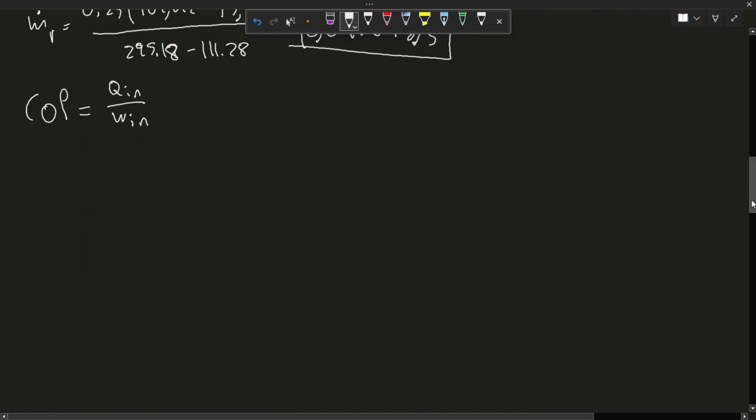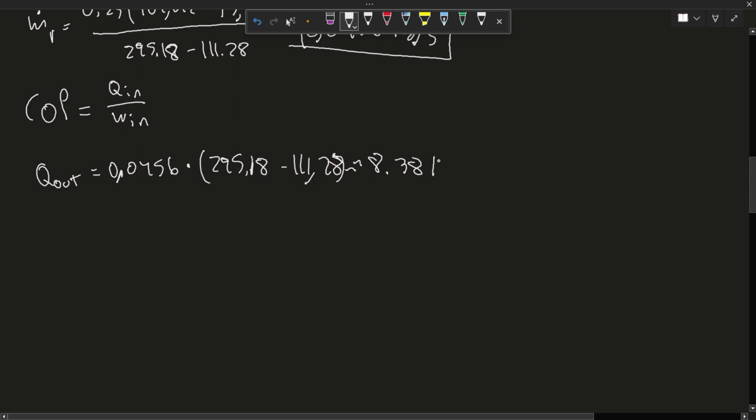So first of all, we already have our Q out, which is equal to 0.0456 times 295.18 minus 111.28. Calculating this, you're going to get a value of about 8.38 kilowatts. Next, W in is equal to m dot delta h.